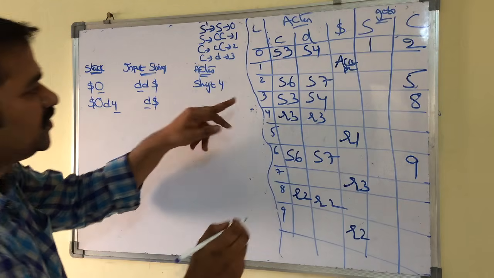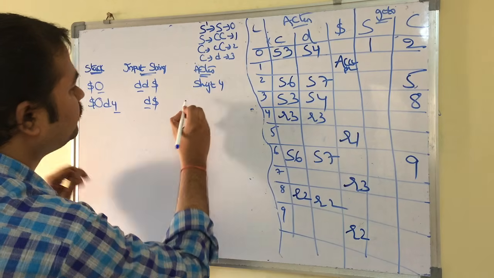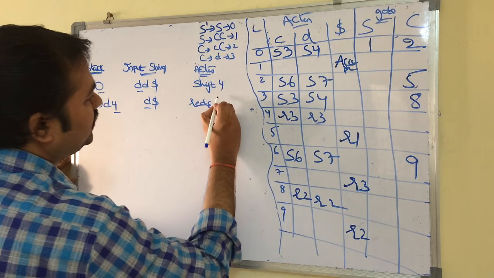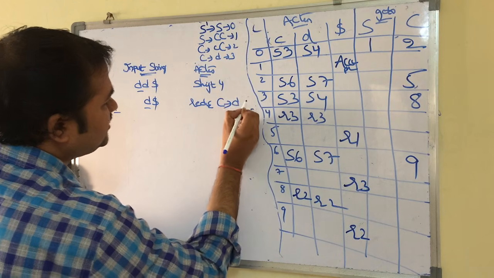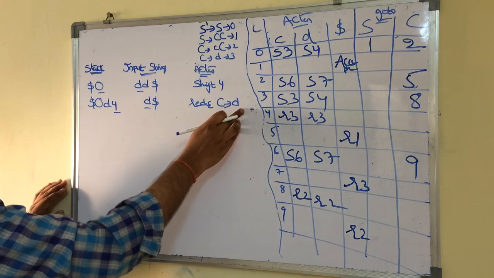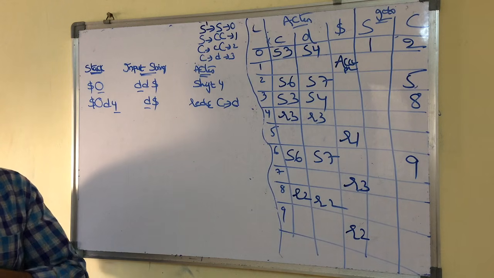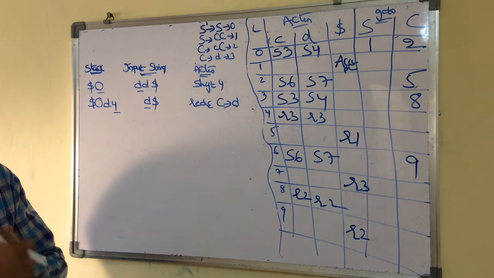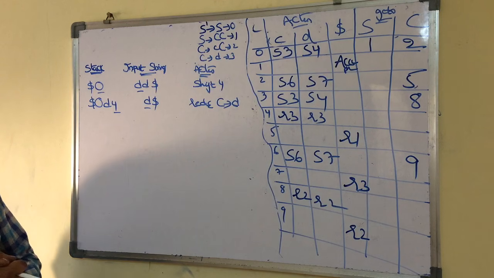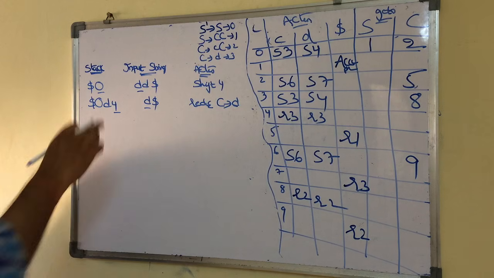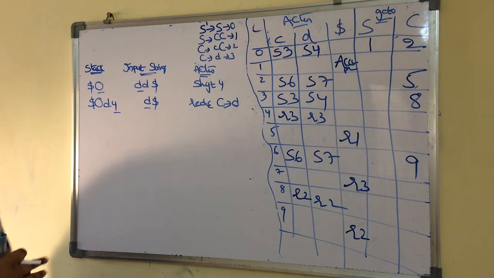So 4 on D. What is it? R3, so reduce by the third production, C produces D. Here the right hand side contains one symbol. If the right hand side contains only one symbol, then we have to pop two symbols from the stack. Why? Because while shifting also we shift two symbols: the current input symbol as well as the state number.